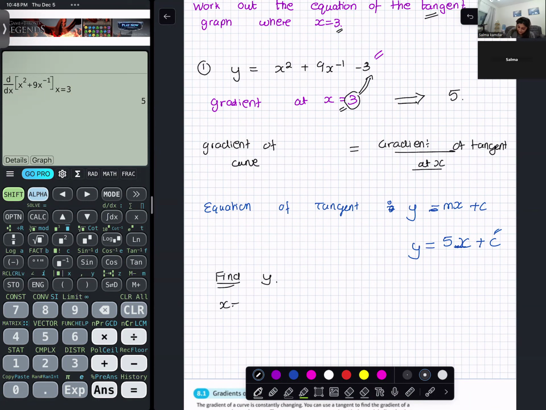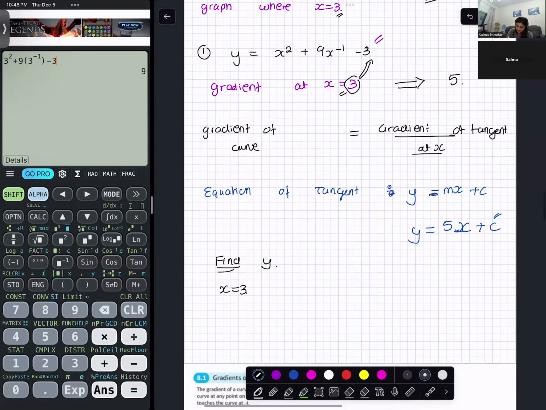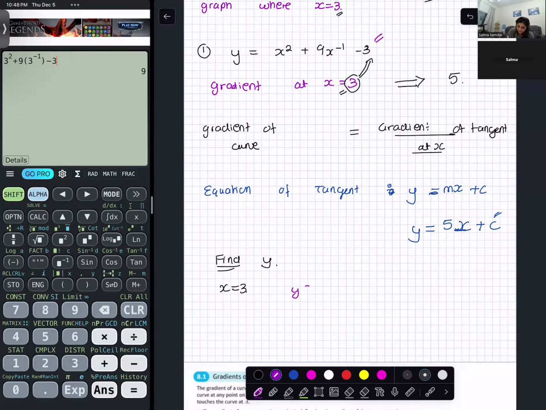So instead of x, I will write 3: 3 squared plus 9 times 3 raised to minus 1, minus 3. This is going to give me y is equal to 9. So my coordinates are x is 3, y is 9.